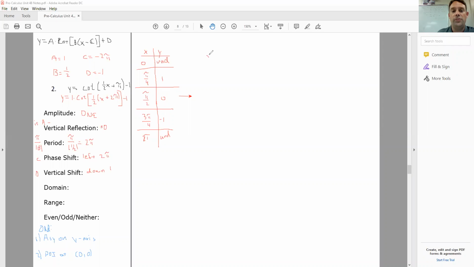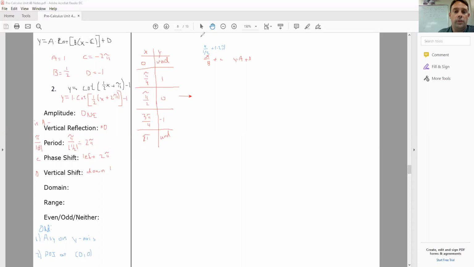To do our transformations, x divided by b plus c and y times a plus d. So our b value, we have x divided by, our b value is 1/2. And we're going to add -2 pi to it.